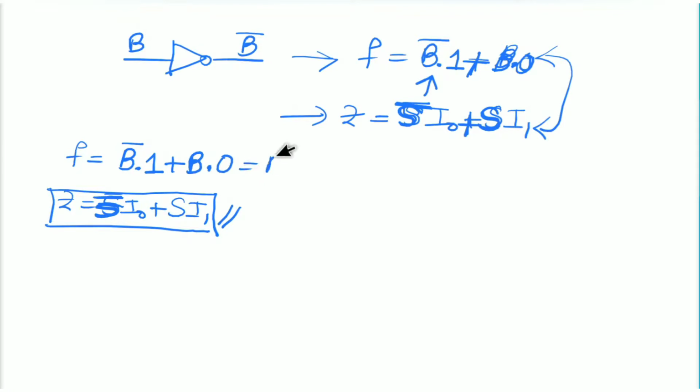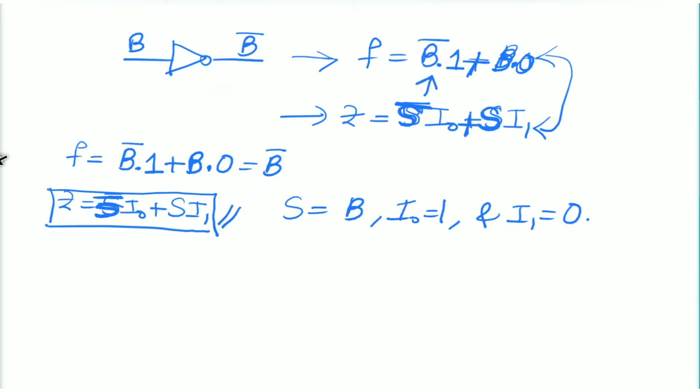Obviously it is B bar only, but when you write like this, you can choose S equal to B, I0 equal to 1 and I1 equal to 0. In this case you can generate a NOT operation.